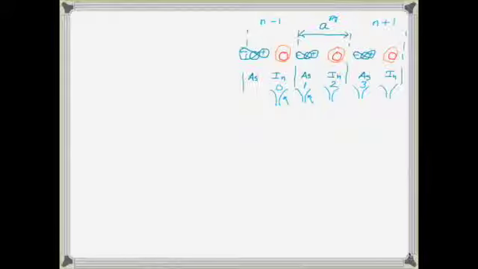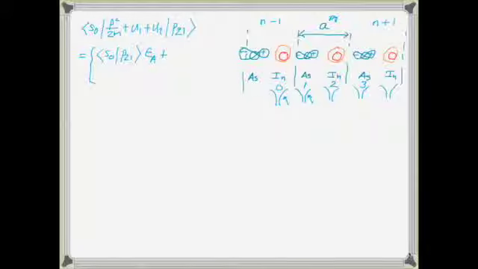So what we were looking at is S0, p squared over 2m plus U1 plus U2, times PZ1. That equals S0 PZ1 times E_A, plus S0 V0 PZ1, and it's also equal to S0 PZ1 times epsilon C, plus S0 V1 PZ1.